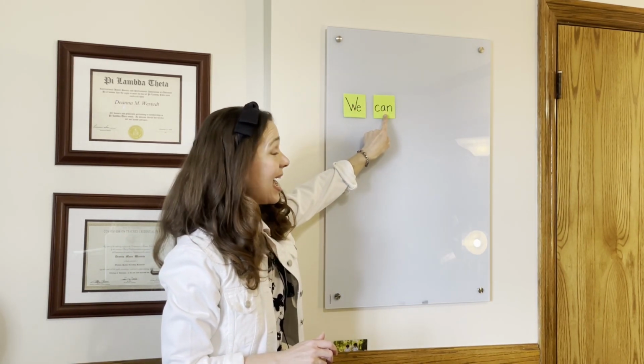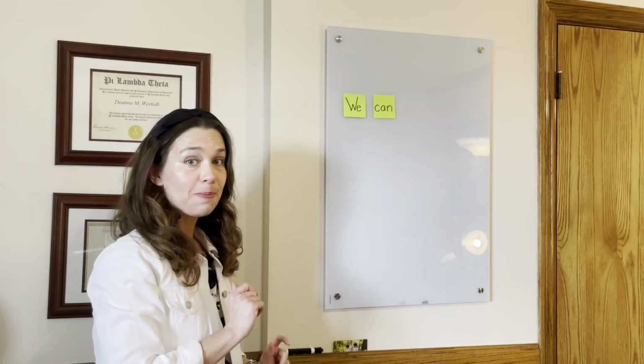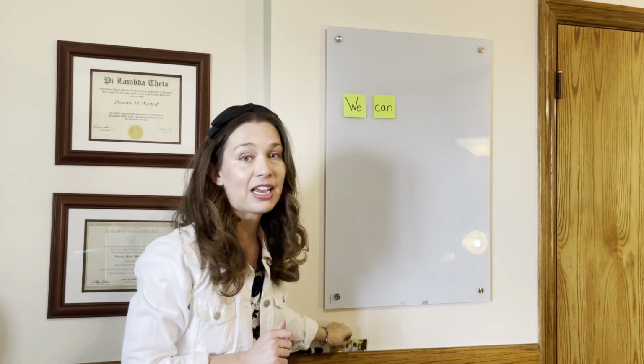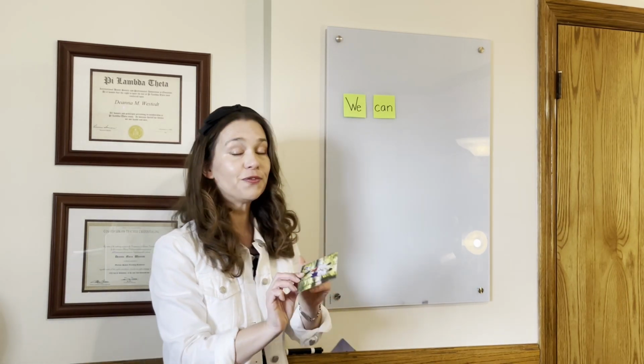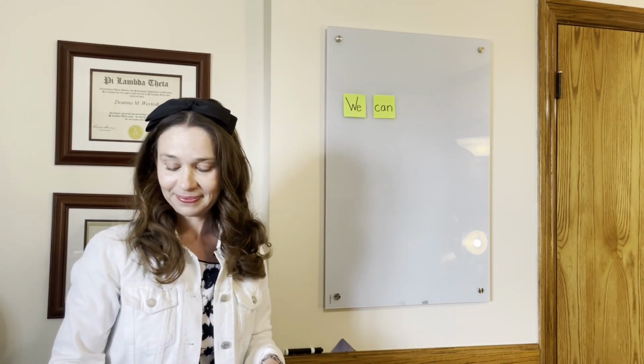We can. Let's pick an action word. Let's pick a verb. My first verb is kick. The boys are kicking the ball. We can kick the ball too. Let's add that to our sentence.